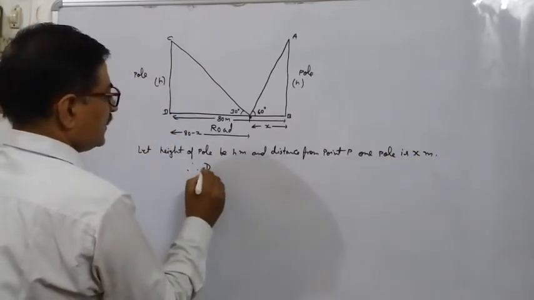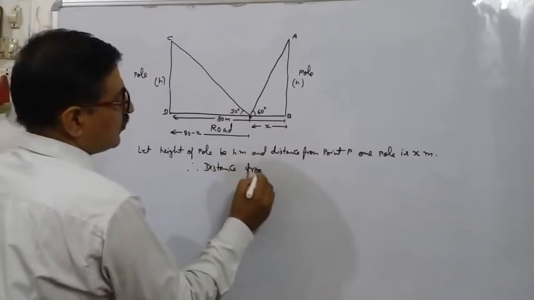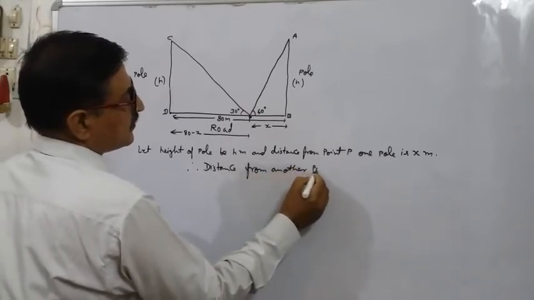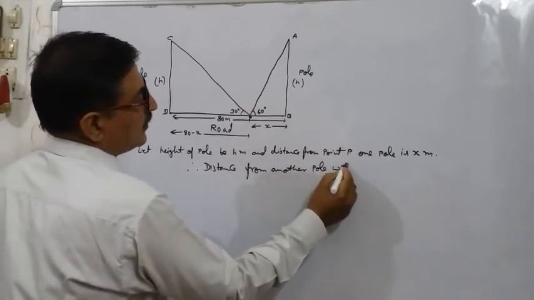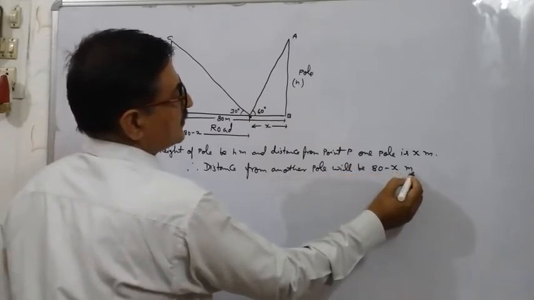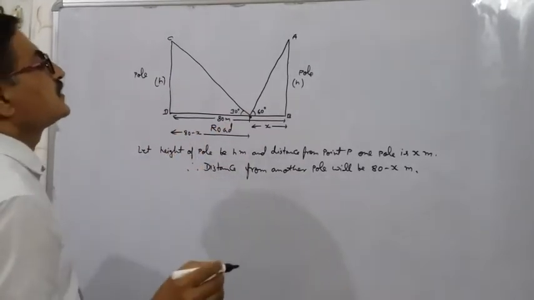Therefore, the distance from the other pole will be 80 minus x meter. Now see that this is x meter, so this is 80 minus x.